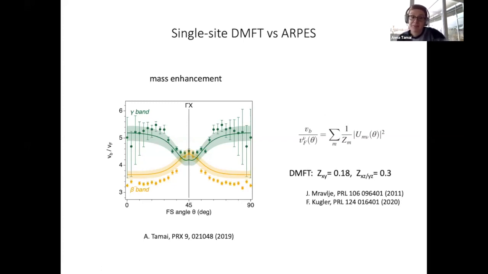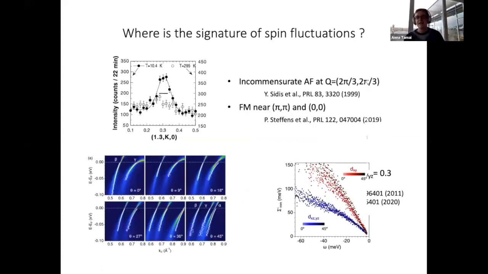And if you think about the physics of this material, it is known from neutron data that spin fluctuations are actually important. So the ARPES experiment should probably capture this coupling to the spin fluctuations, whereas this is not included in the DMFT calculation.